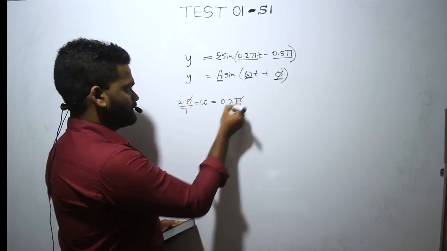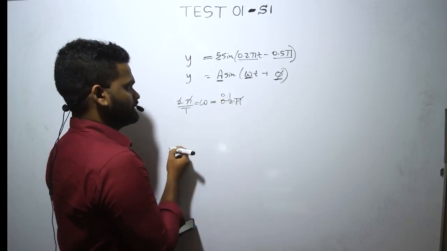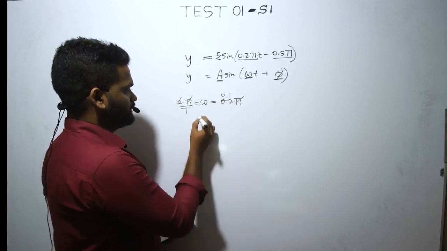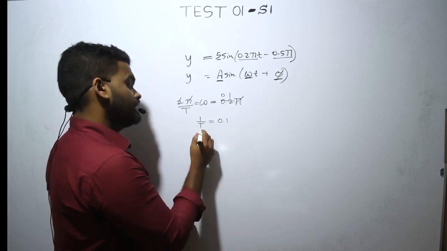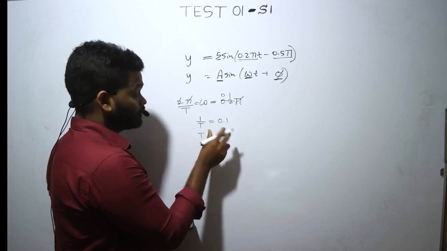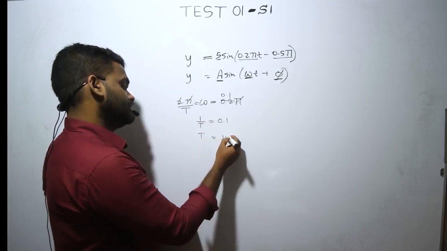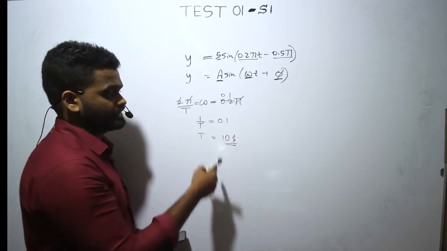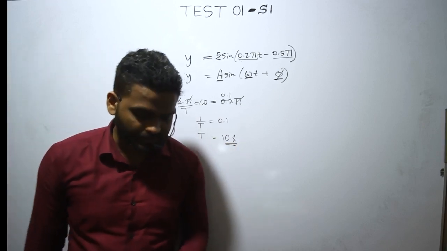So pi cancels off, 2 over T equals 0.2, so 1 over T is equal to 0.1. So take the reciprocal of both sides. So T is equal to 1 over 0.1, which is 10, right? So the time period for this motion is 10 seconds. Got it? It is 10 seconds.